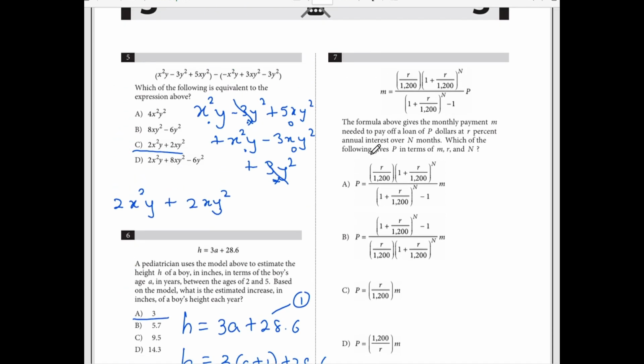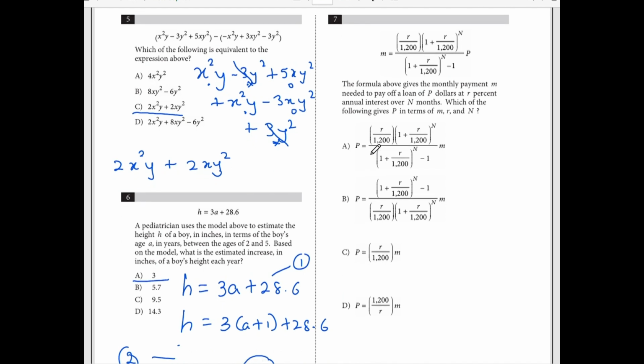Then question number 7. The formula above gives the monthly payment M. Which of the following gives P in terms of M, R, and N? So let's treat this whole denominator as one block and the numerator as one block, because we need to make P the subject. Then simply we can cross multiply.